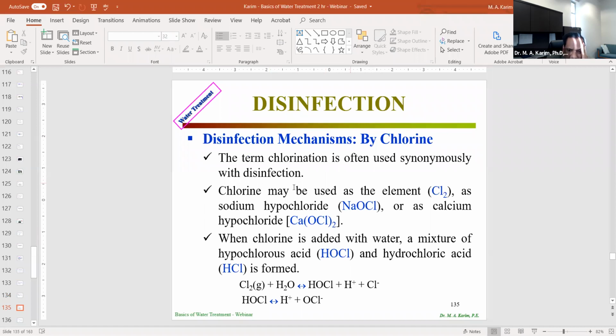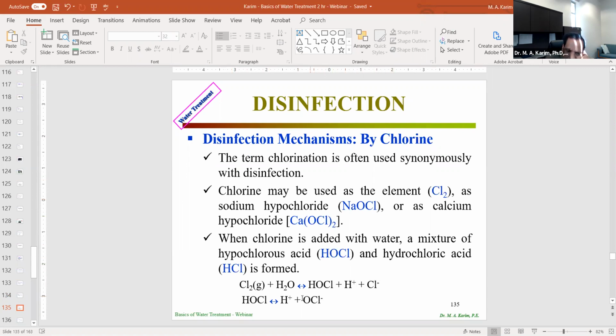So chlorine is basically provided by sodium hypochlorite or calcium hypochlorite or chlorine gas. Then sodium hypochlorite becomes hypochlorous acid, right? And if I do that, ultimately chlorine comes here. Now, the different forms of chlorine can kill different kinds of bacteria.